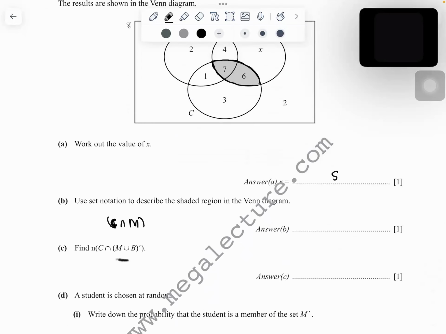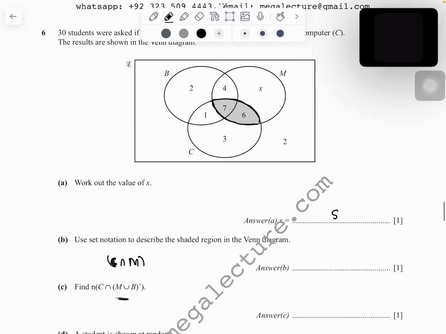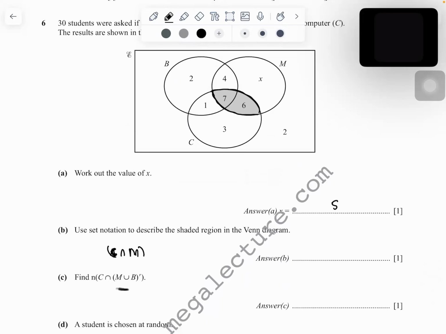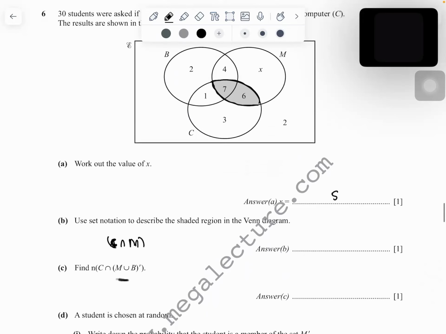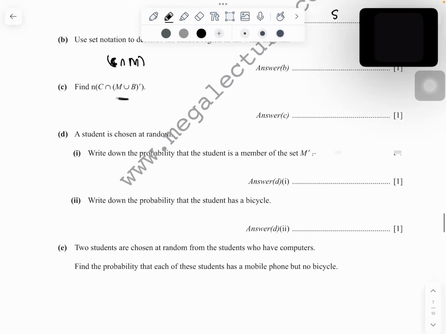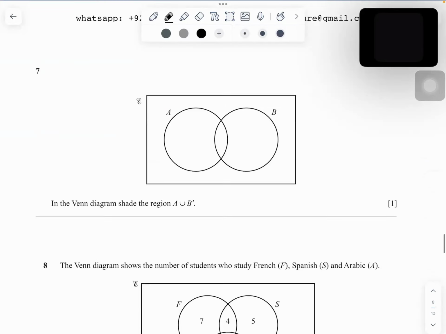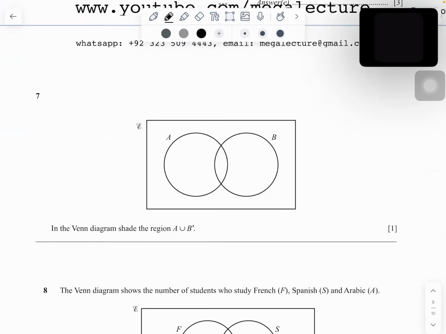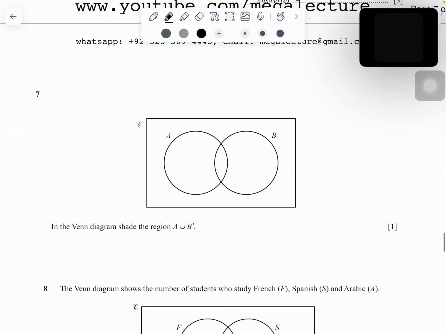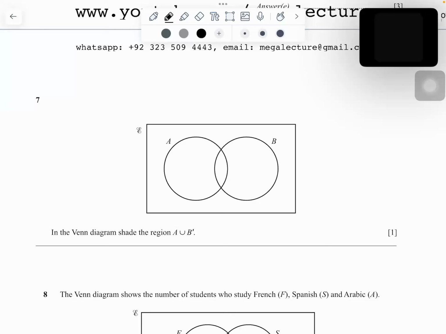What about this one? So there's gonna be 1. Okay. So all of A and then the universal set. Yes.